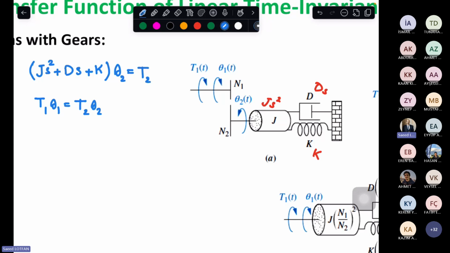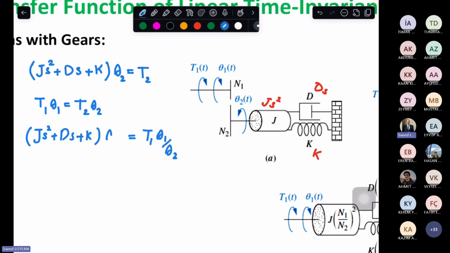Therefore, we can write JS2 plus DS plus K multiplied by theta 2 equal to, instead of T2, T1 theta 1 over theta 2.